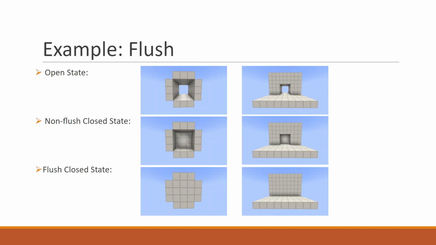Here would be an example of what we mean by something that is flush or not flush. So we would have, for example, this open state for both of the doors. If the door happens to be not flush, then it would have this thing. And then if we add the wall and the floor, you will see this is indented. So this would be not flush. But if it's flush, then we would see the door close up like this.